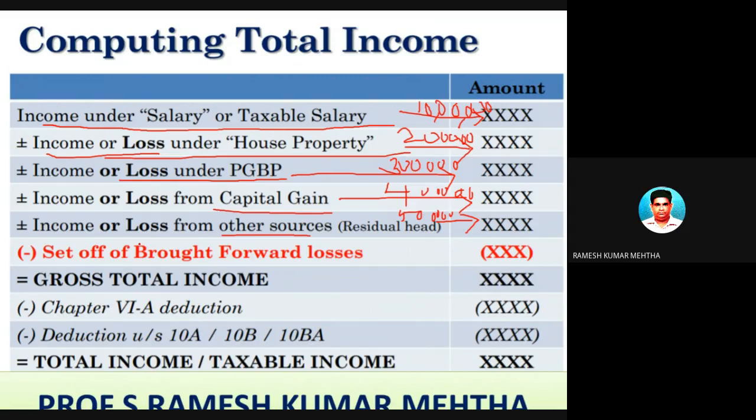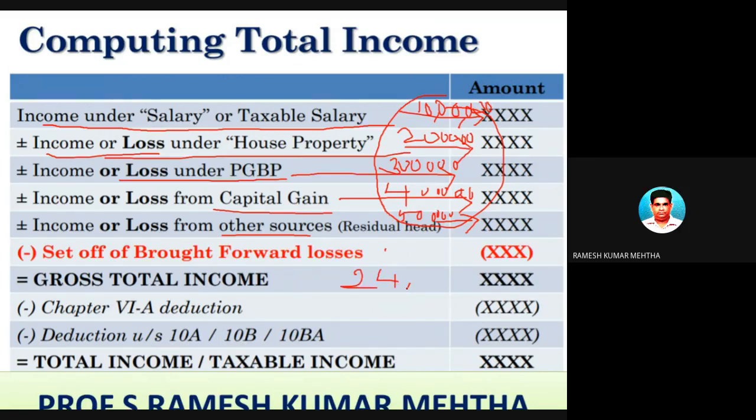For example, in this case, after set off, the total income is some 24 lakh rupees: 10 plus 2 is 12, 12 plus 3 is 15, 15 plus 9 is 24 lakh rupees.